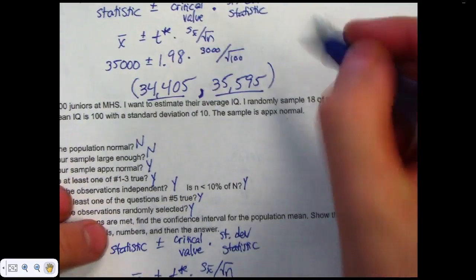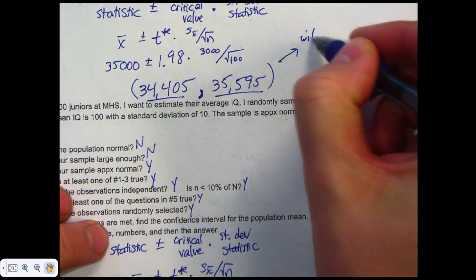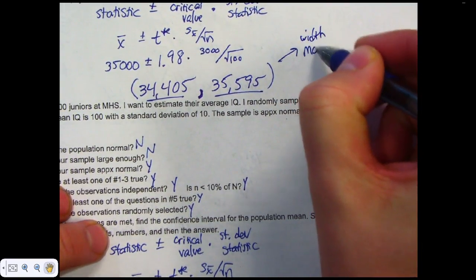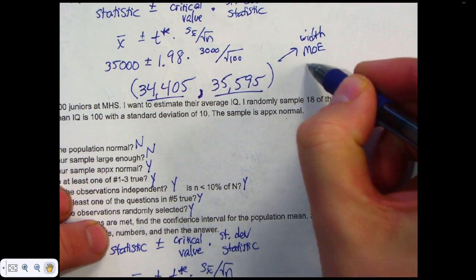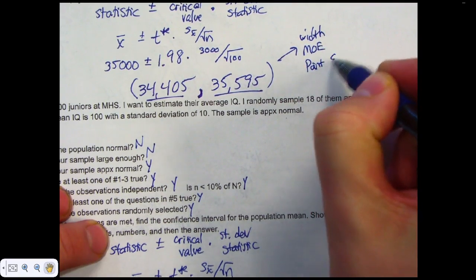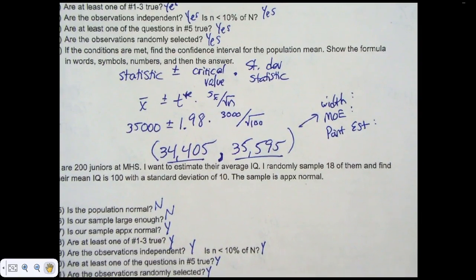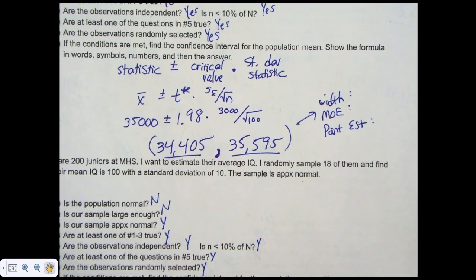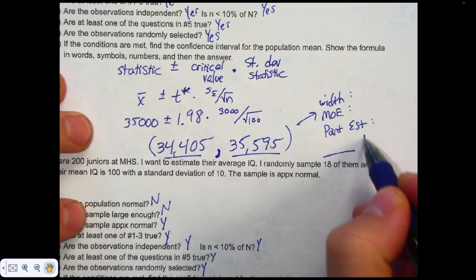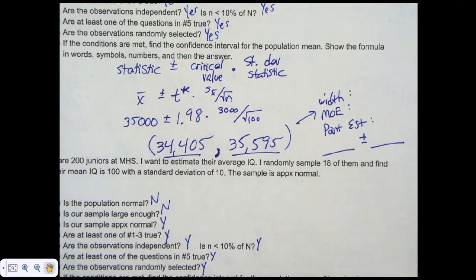Let's do this too. After you find this, I want you to find the width, the margin of error, and the point estimate. Actually rewrite it as blank, plus or minus blank.